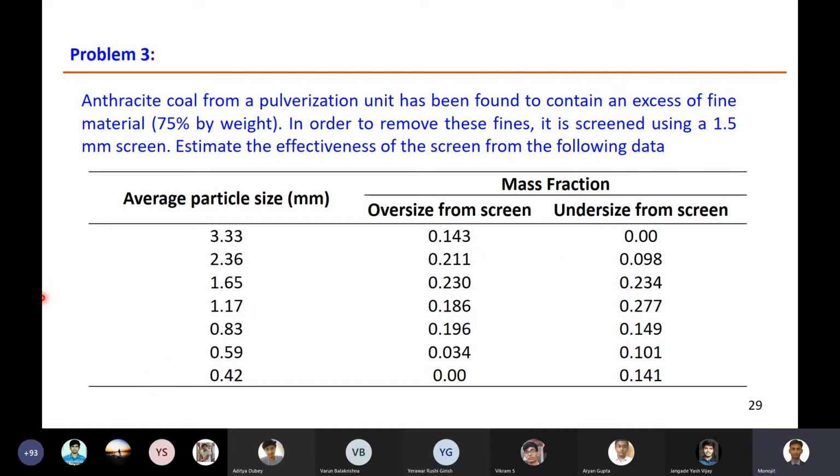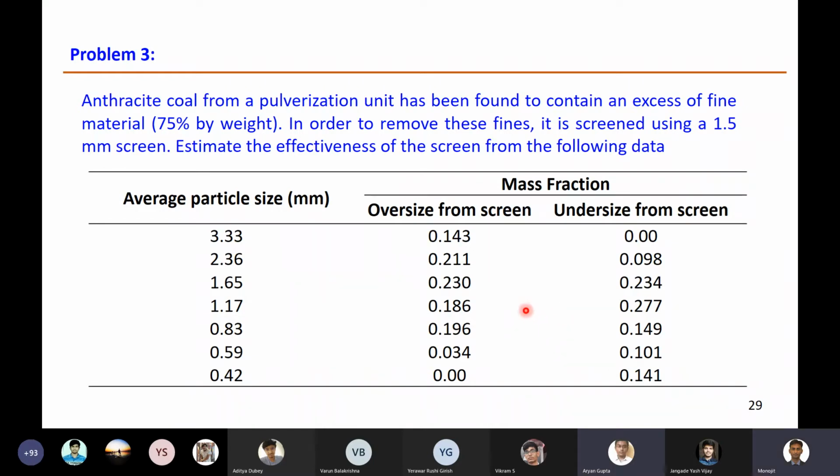Okay, so how to construct the cumulative table here from the table which is given here? Sir, we could try that log plot as well.